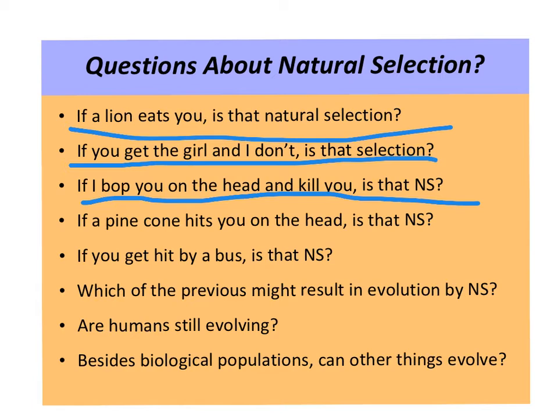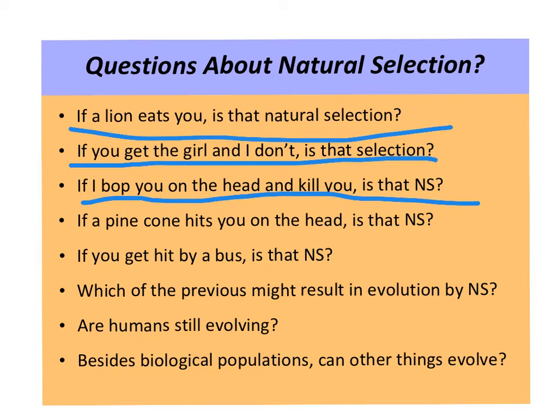If a pine cone hits you on the head, is that natural selection? Well, it's not going to cause evolution by natural selection. Getting hit on the head by a pine cone is a random event. And we'll deal with that later when we come to genetic drift.